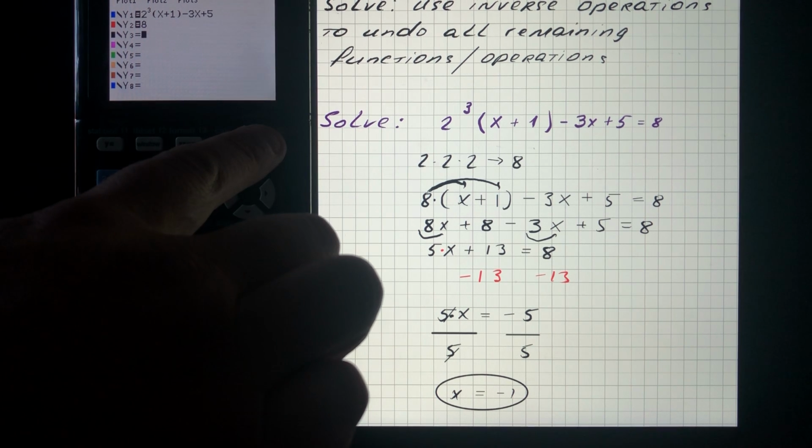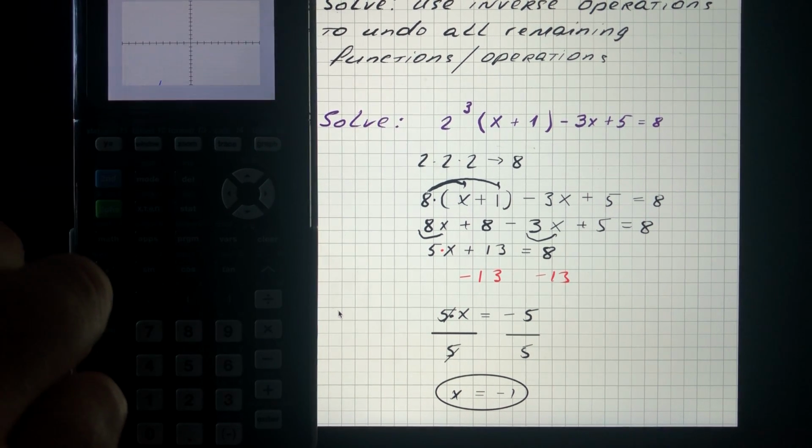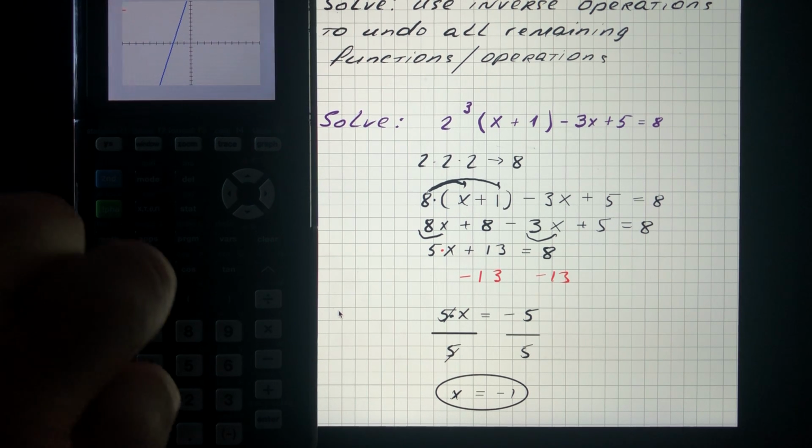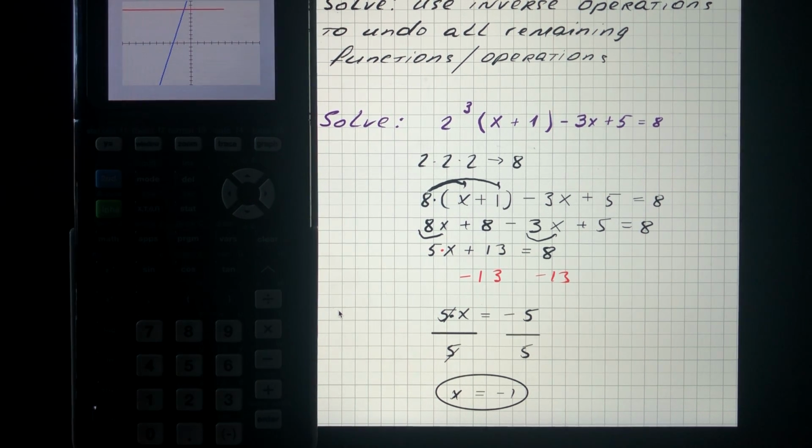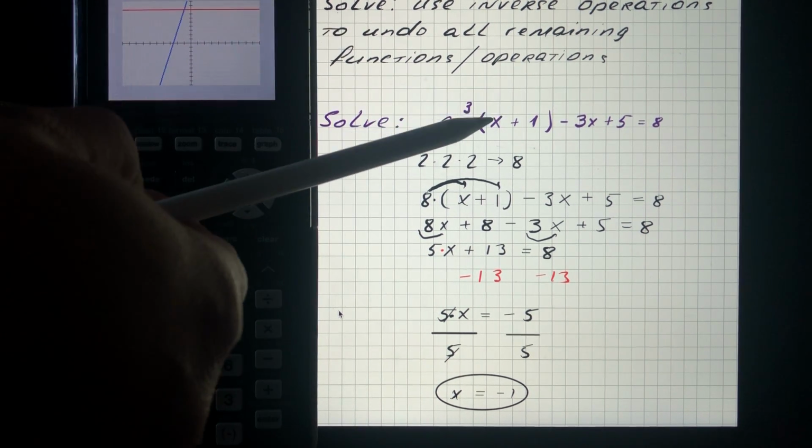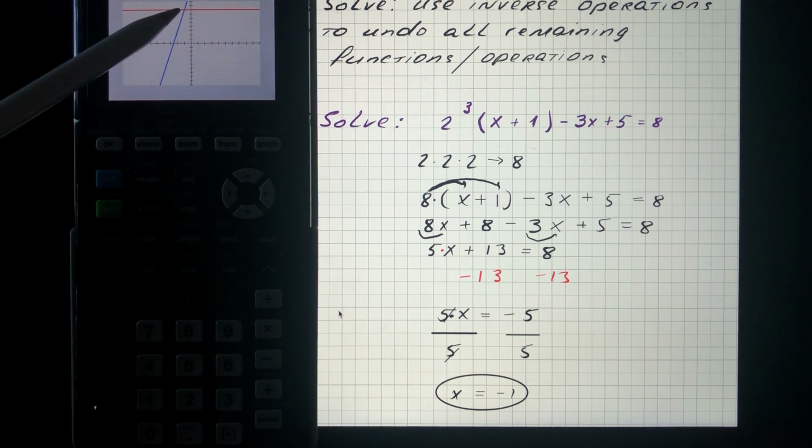So let's make a graph of it. Here is the left side, here is the right side, and we're looking for the place where the 2 sides are equal, and that's the place where they cross.